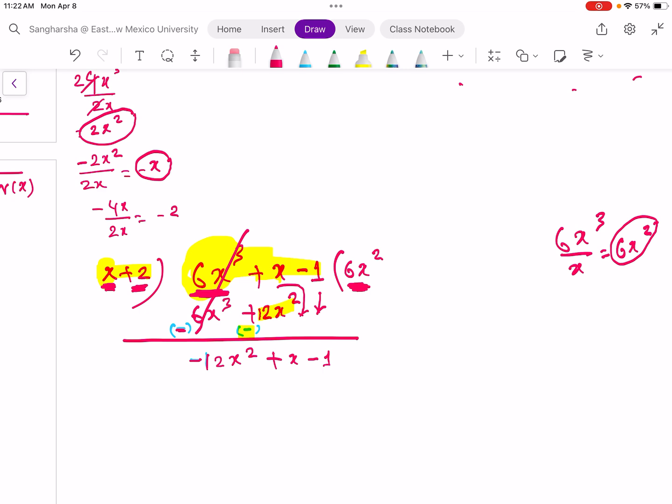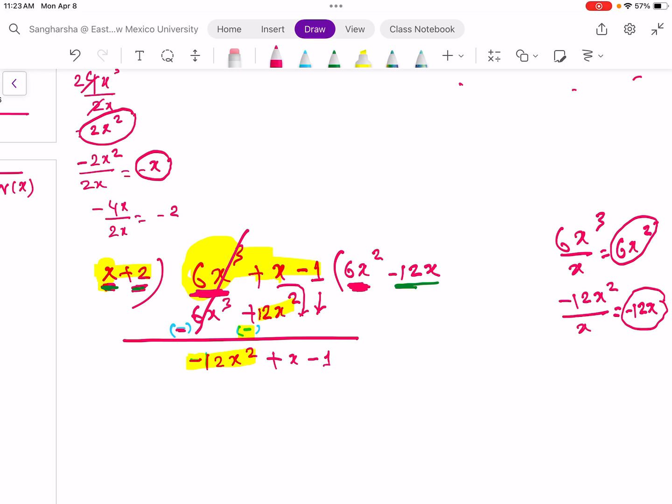Now we follow the same method. You divide the first term, negative 12x squared, by the first term of the divisor. Negative 12x squared divided by x is negative 12x, another term of the quotient. Next we multiply this quotient term and every term of the divisor.